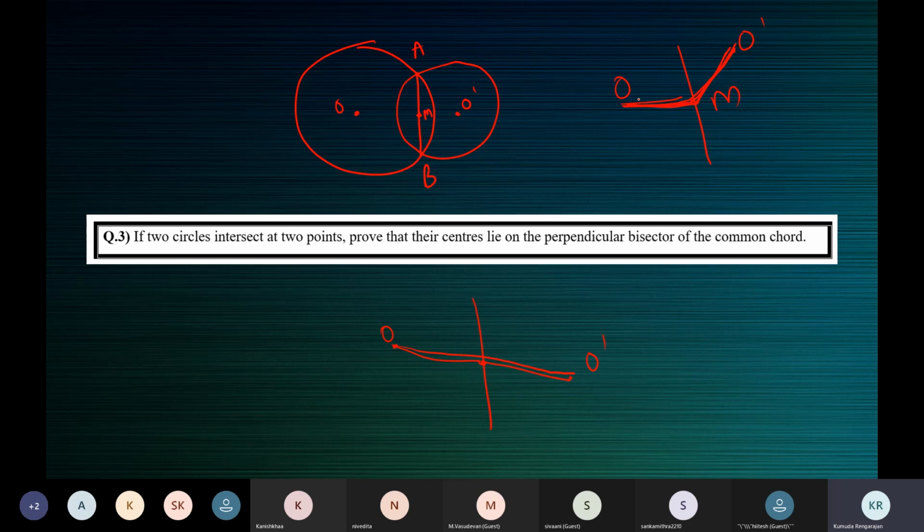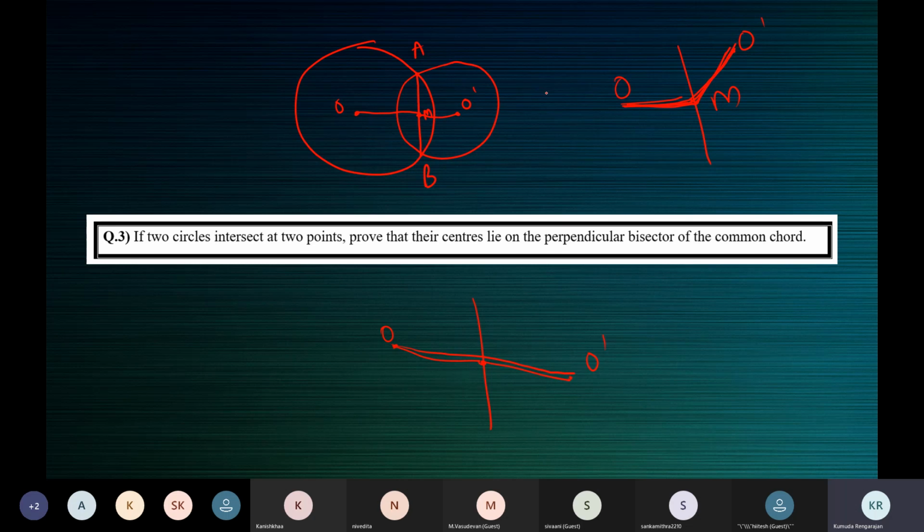Okay, so what are we doing now? Again the construction is join O and M. That's possible. You can join these 2 points. Join O dash M. That also is possible. You can join 2 points. That's unique. Now, I am not saying that OM O dash is a straight line.